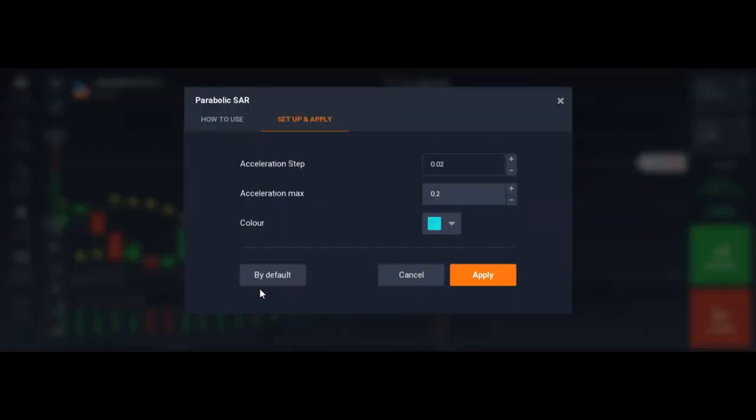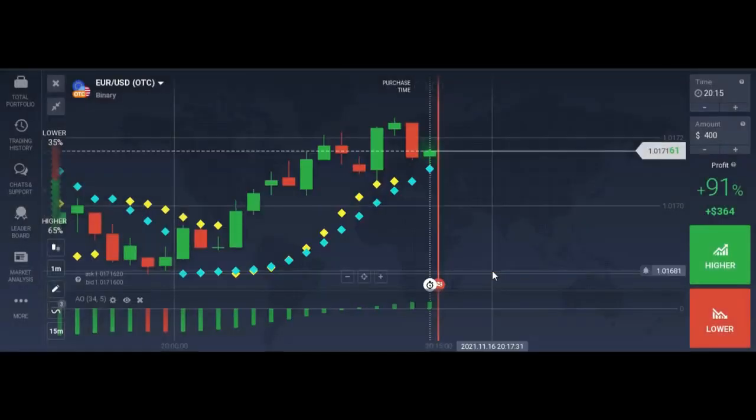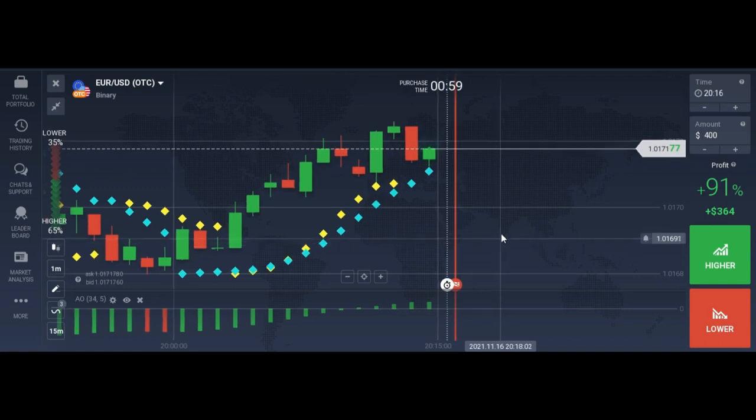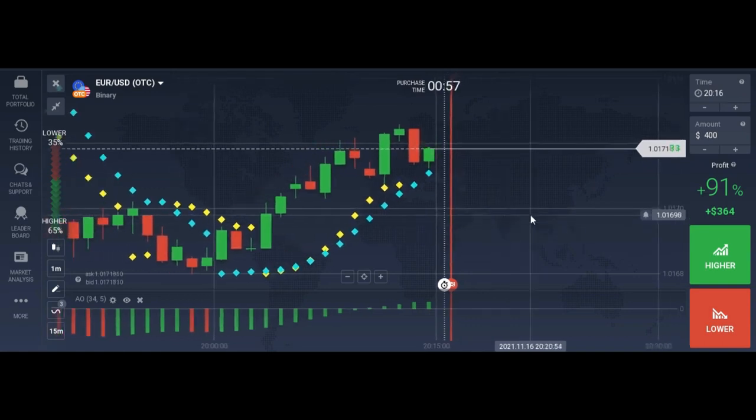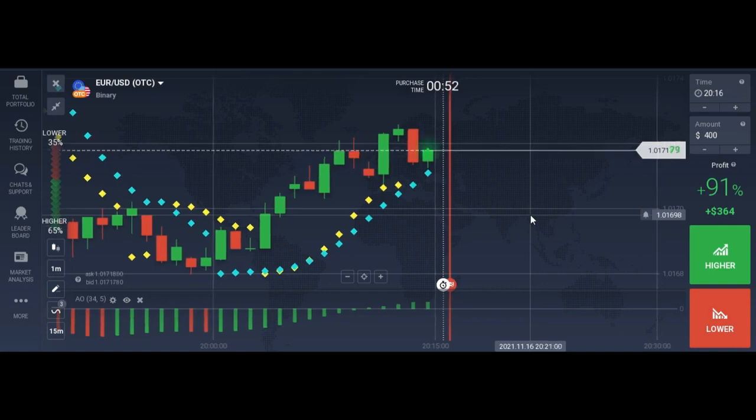Other parabolic SAR, acceleration step 0.02, acceleration max 0.2, light blue color. This indicator shows us possible trend turns or possible continuations.